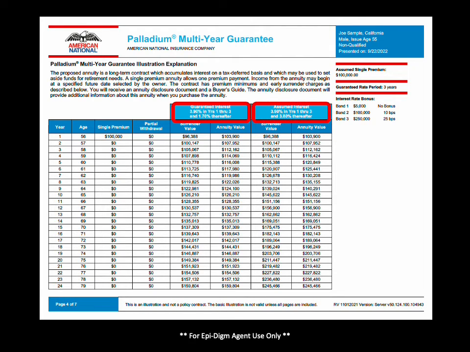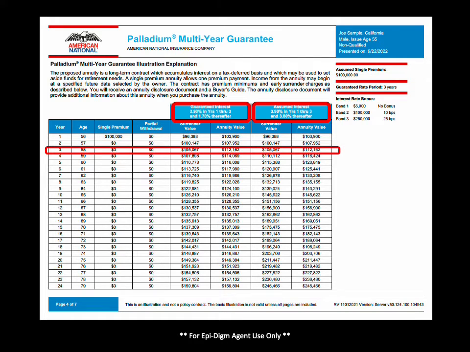What about the current assumption? It's 3.9% for years 1 to 3, which is the same as the guaranteed interest rate. So for the first 3 years, your account value and surrender value will be exactly the same. Just like here: guaranteed, you will have $112,162.